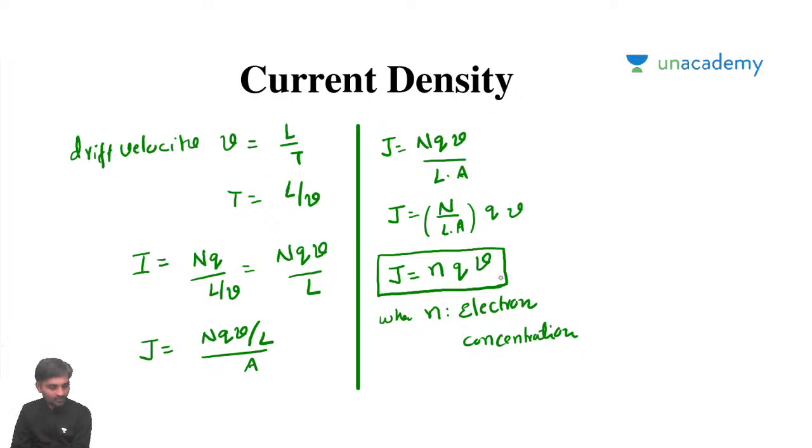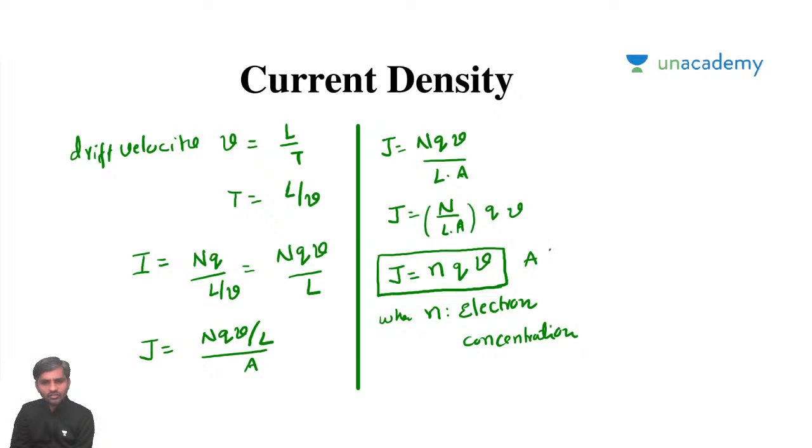Where v is the drift velocity. So nqv will give you the current density J. Current density J is equal to nqv. That is the current density formula, which is a very important formula.